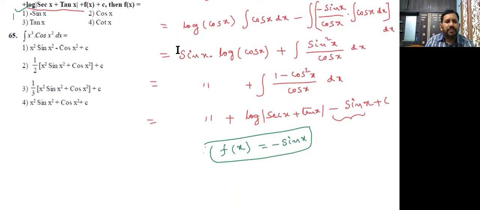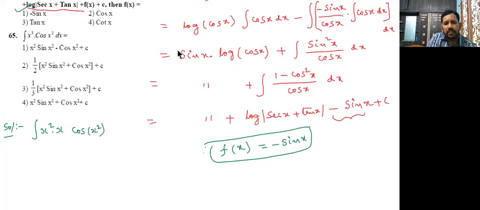Now observe the 65th. How to do that? Integration x cube is given. I am writing x square into x cos of x square dx.